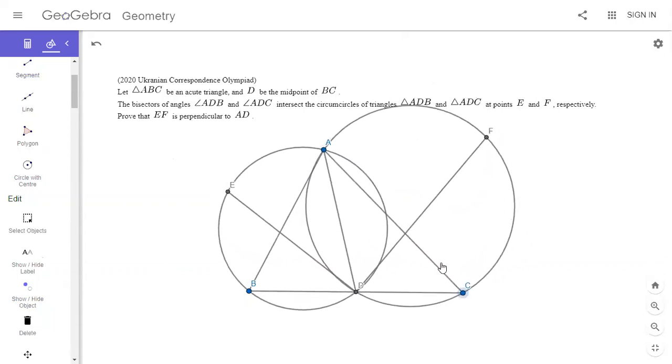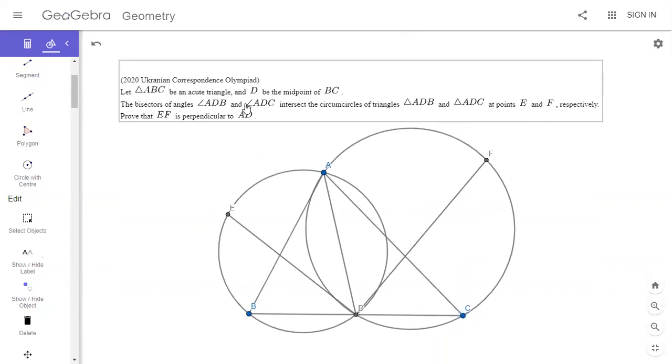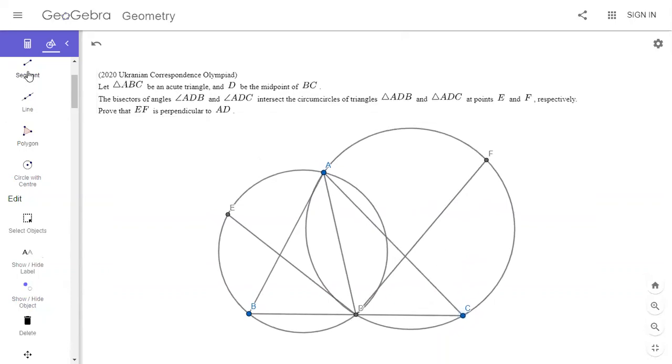Okay. So we want to show EF is perpendicular to AD. So E is the midpoint of arc AB, F is the midpoint of arc AC.